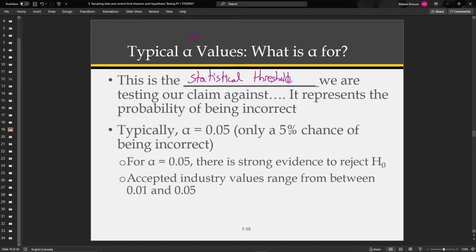In most industries, business included, an alpha value of 0.05, or a 5% chance of being incorrect, is sort of like the industry standard. You'll see it in the paper sometimes when they quote a study, they'll say 19 out of 20 times. So basically, there's only a 5% chance of being incorrect. The smaller this is, though, the better. So 5% is the minimum, but if you can get closer to 1%, then that'd be really good.